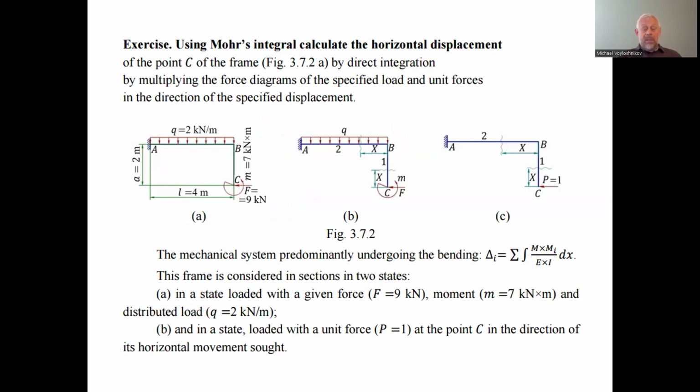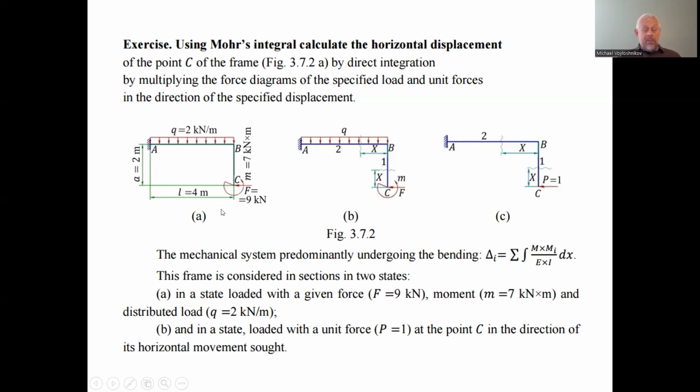So let's consider the example of definition of the displacement of the point C of the assigned frame indicated on the draft 3.7.2a. It is a statically definable frame embedded at the left-hand point A, consisting of two elements rigidly connected at point B. At point C we have an applied force of 9 kilonewton and a bending moment of 7 kilonewton meter, and on the upper part of the frame an evenly distributed load of 2 kilonewton per meter.